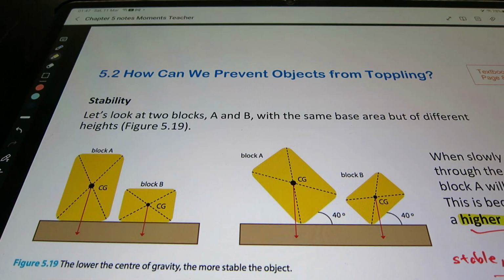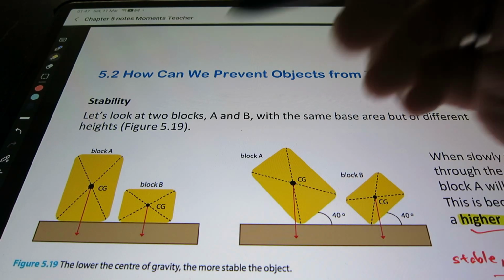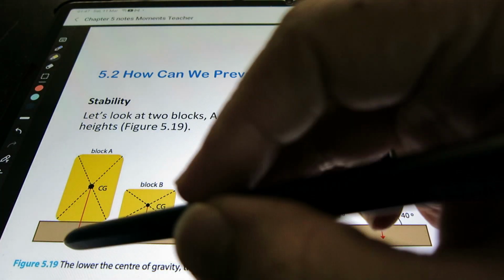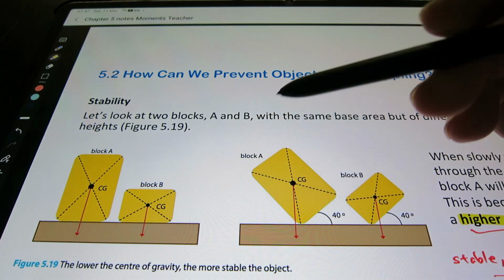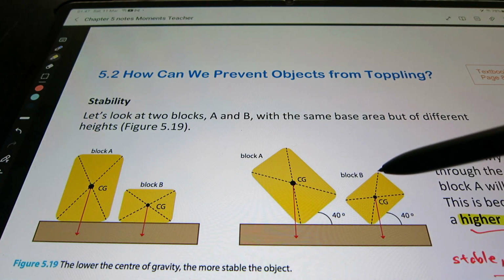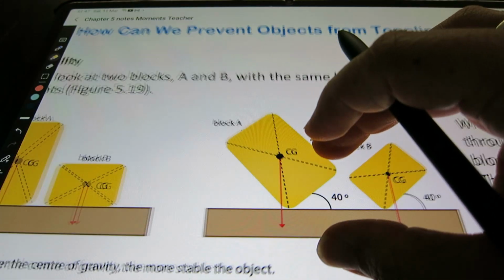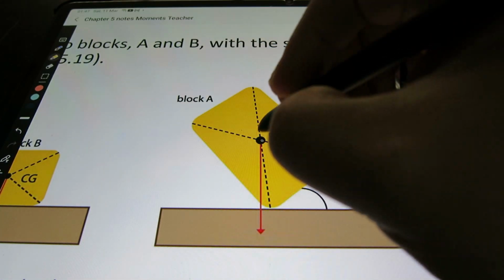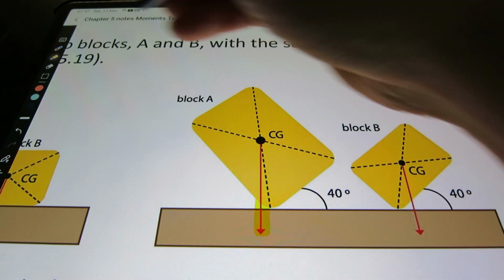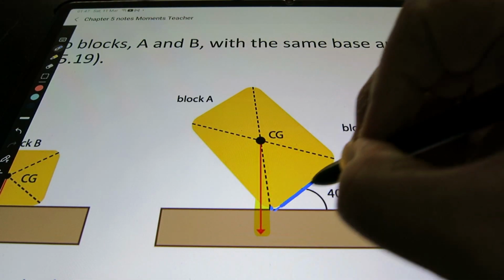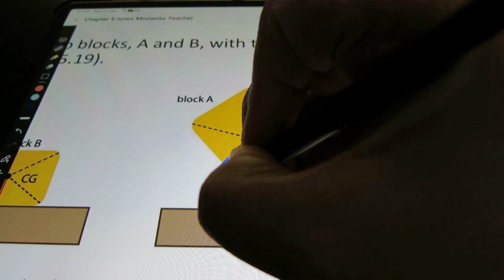So if I have an object that has a high center of gravity compared to an object with a lower center of gravity, lower as in physically lower to the ground, alright, this object here that has the highest center of gravity, if I rotate it to a certain point, it will cause this weight to fall outside the base area here, which means once it's outside, it's going to topple.